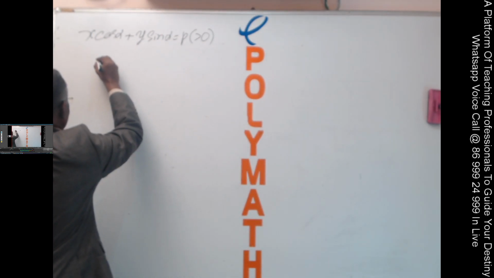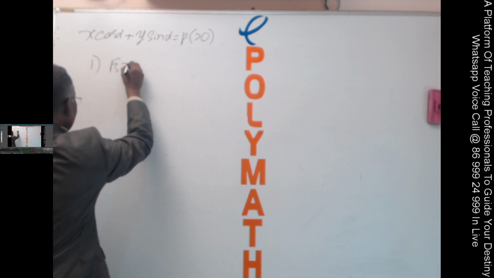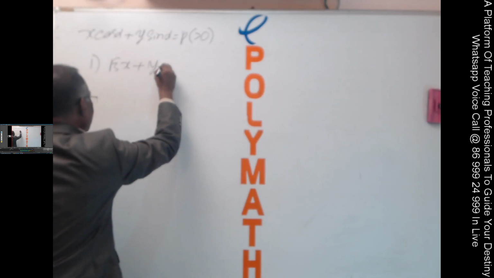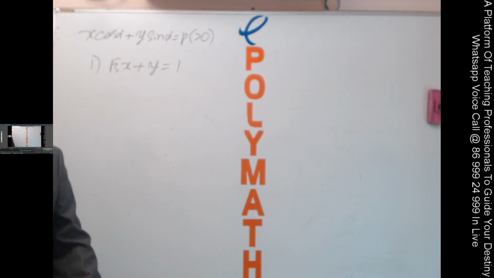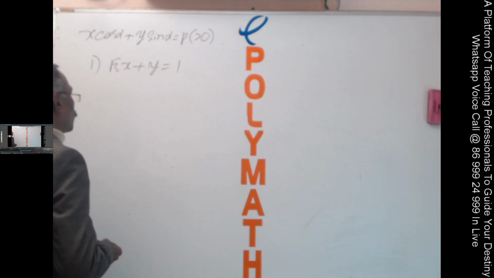See, I have taken a line now. Root 3x plus y is equal to 1. Just see that. So I have taken a line which is root 3x plus y is equal to 1.